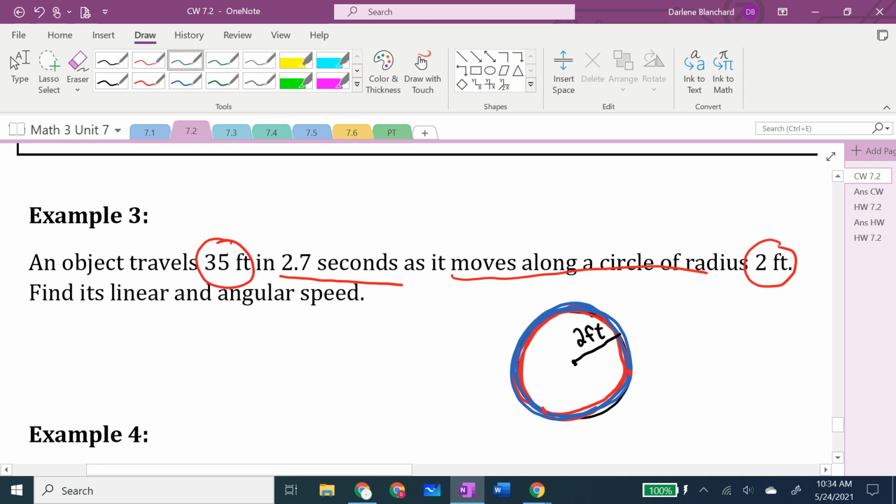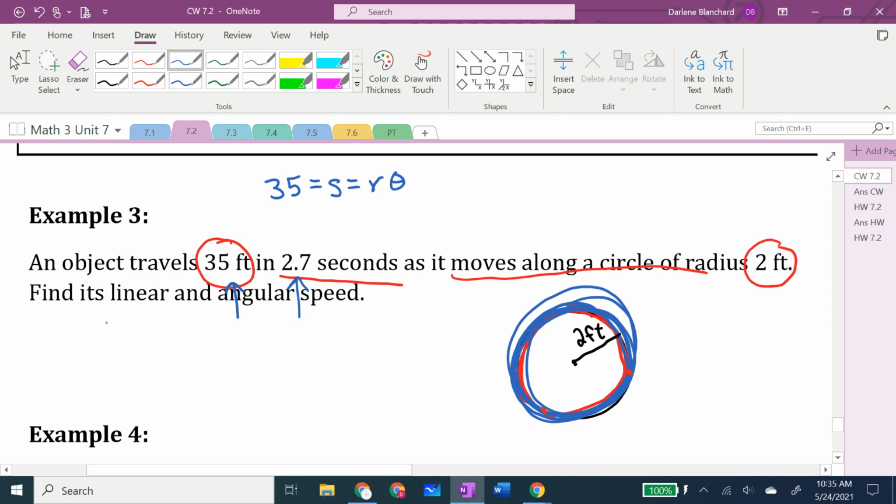So what I could do is I could look at, all right, it travels 35 feet in 2.7 seconds. That 35 feet is the arc length. 35 feet is how far it went. I'm going to write down that it's S, which means arc length, and arc length is R times theta.